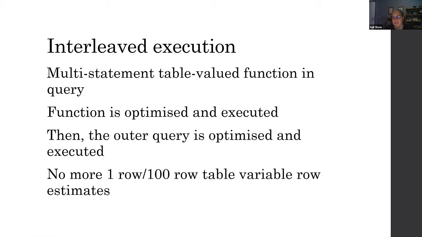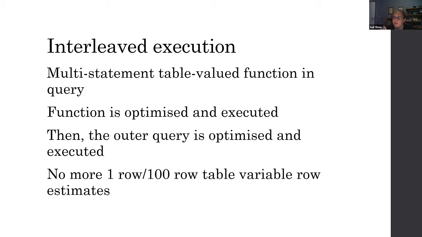Because the table function hadn't run at the time that the query optimizer optimized the query, and hence it can't get the row count estimate because there isn't one. And so we get that silly 1 row, 100 row table variable estimate: one row in the old CE, 100 rows in the new CE. That was how it used to work.